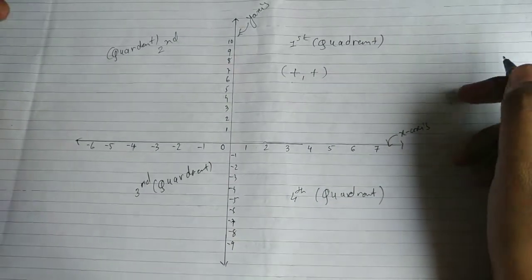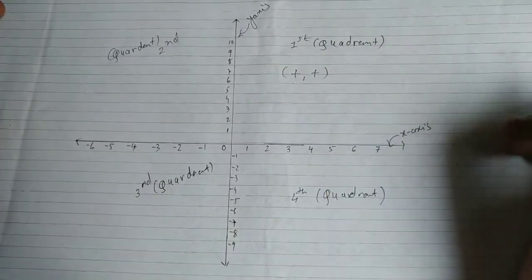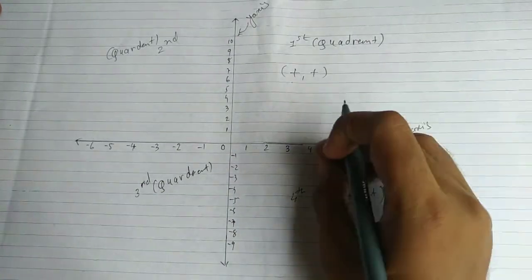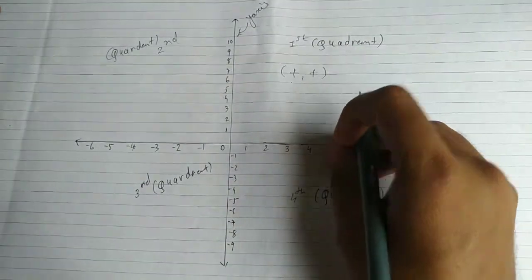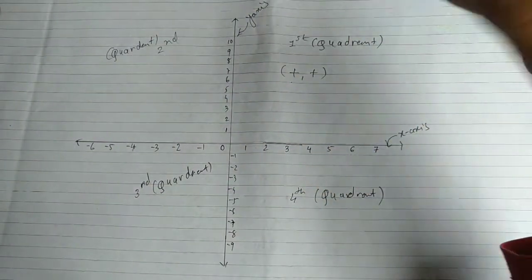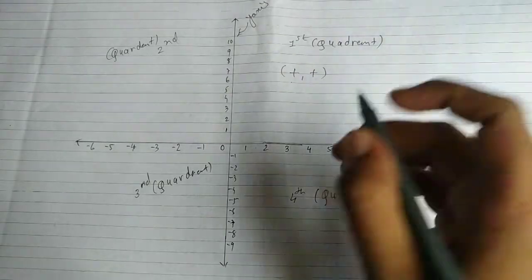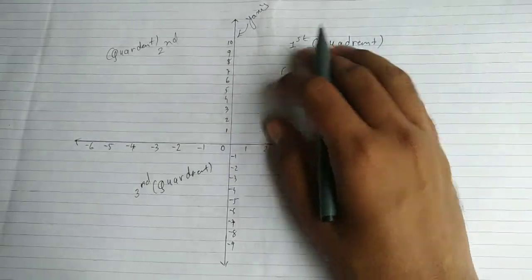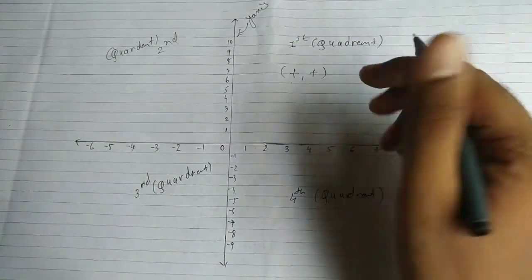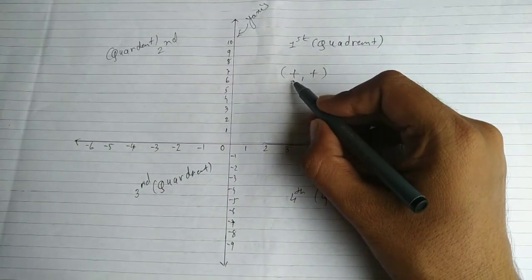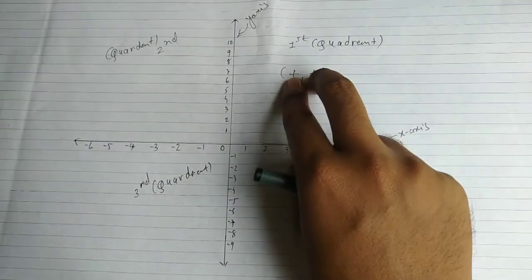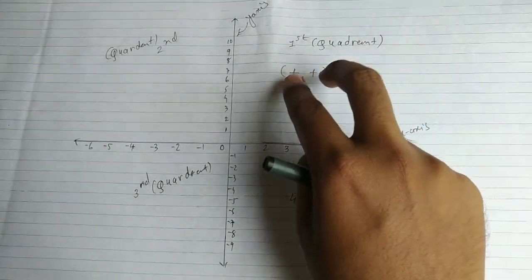We have to learn something new. The points on the x-axis are called coordinate points of the x-axis, and the points on the y-axis are called coordinate points of the y-axis. In the first quadrant, the x-axis is positive and the y-axis is also positive, so both coordinate points are positive.